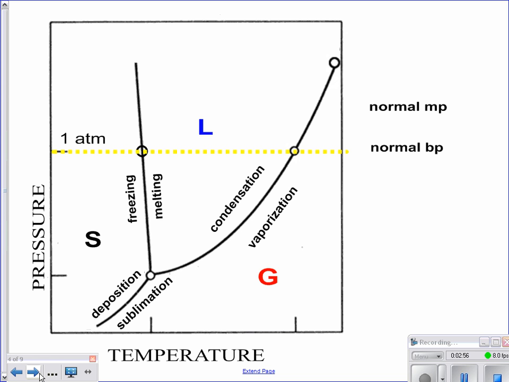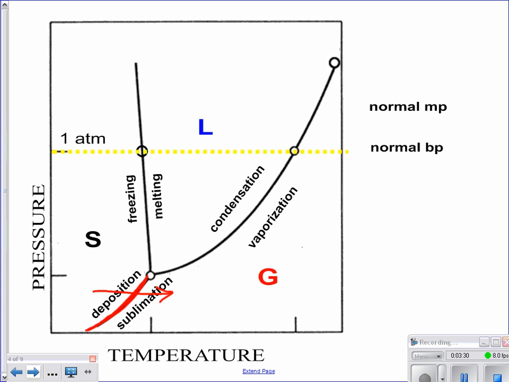Okay, so once we get to the point where we start writing down on our notes, don't worry about filling things in too much yet. We're going to talk about the boiling points and freezing points and things like that, and we need to think about the pressures that they exist at during that time. If we're talking about going from a solid directly to a gas, what we just said is that that's sublimation.